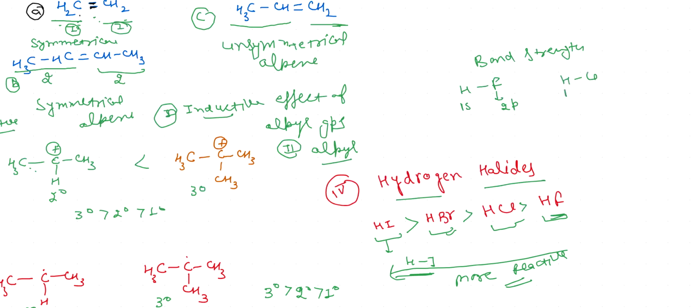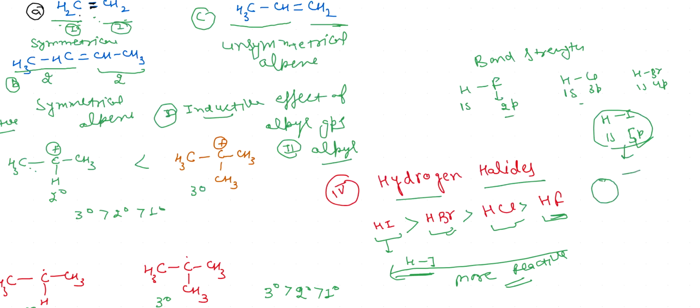In the case of HBr, it's 1s and 4p. But in the case of HI, the bond is formed between 1s and 5p. So as the value of n increases, the bond goes weak. The bond strength decreases because the size of the halogen is increasing.